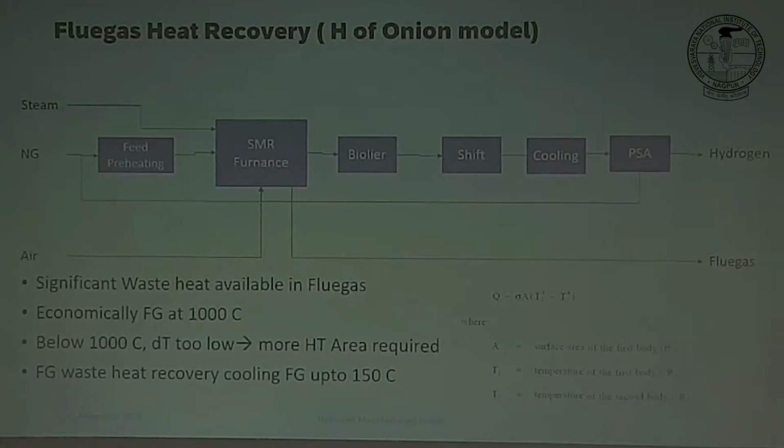So we already looked at the heat recovery on the process side, the product gas, but we saw that our flue gas is also at 1000 degrees. And there's a lot of waste heat available in flue gas.